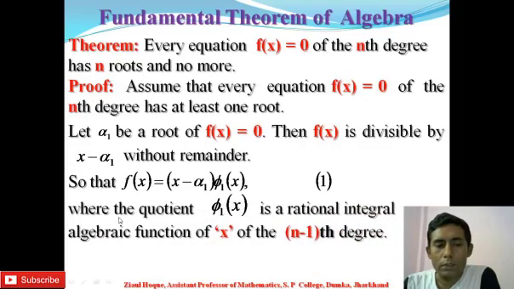Where x minus alpha 1 is the divisor and phi 1x is the quotient, where the quotient phi 1x is a rational integral algebraic function of x of the n minus 1th degree.